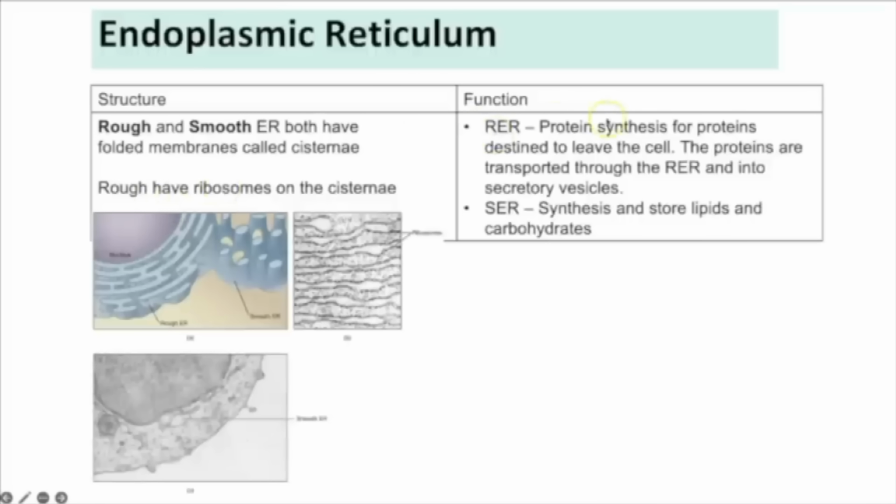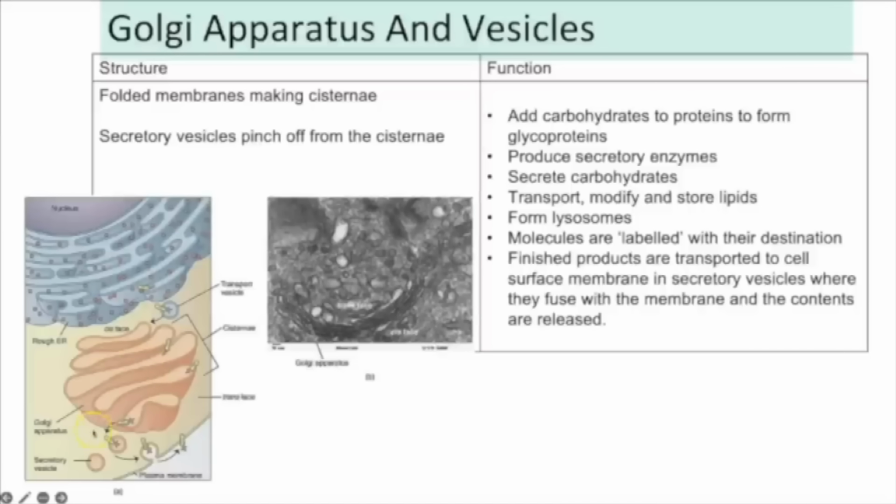Next we look at the Golgi apparatus and the secretory vesicles. This is the Golgi apparatus and the secretory vesicles here, which I've seen many students describe as looking a bit like a Wi-Fi symbol, and that's how they recognise it in comparison to the smooth endoplasmic reticulum. But what it is, is folded membranes making the cisternae. You then have secretory vesicles that pinch off from that cisternae.